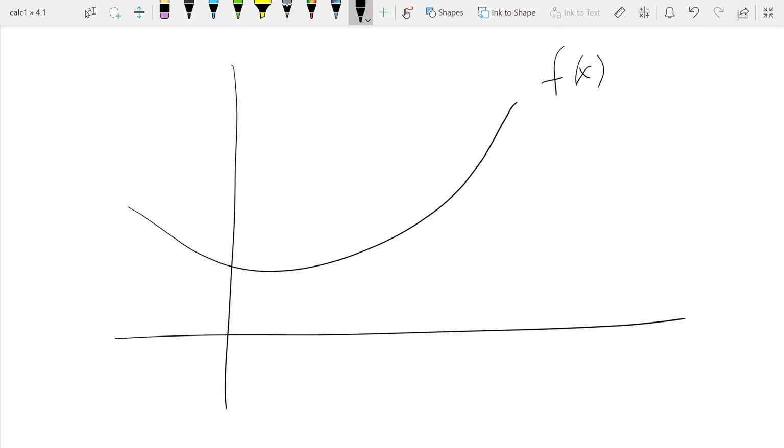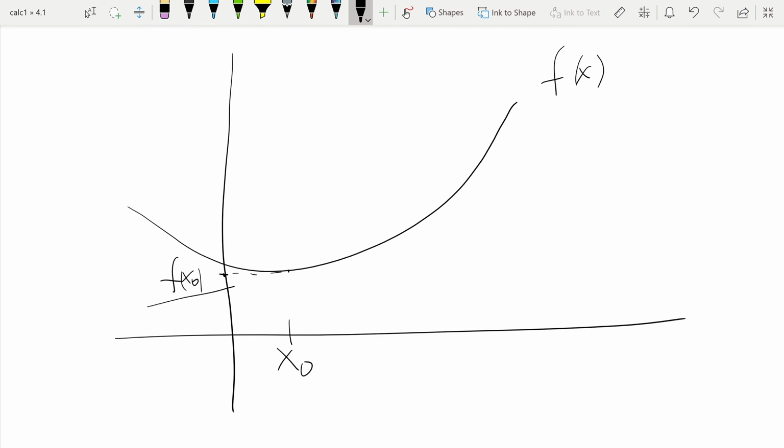This is the point, say, x0, and this height here is exactly f of x0, that is the value of the function at that point.